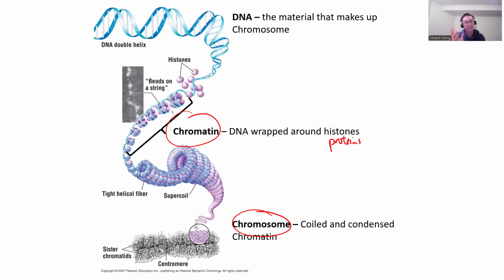The most condensed form is the chromosome. The less condensed version is the chromatin. If it completely unravels, then that's just the naked DNA. But like I said, it doesn't really exist on its own. You will see that when you do DNA replication or transcription, but DNA is rarely going to be completely by itself.